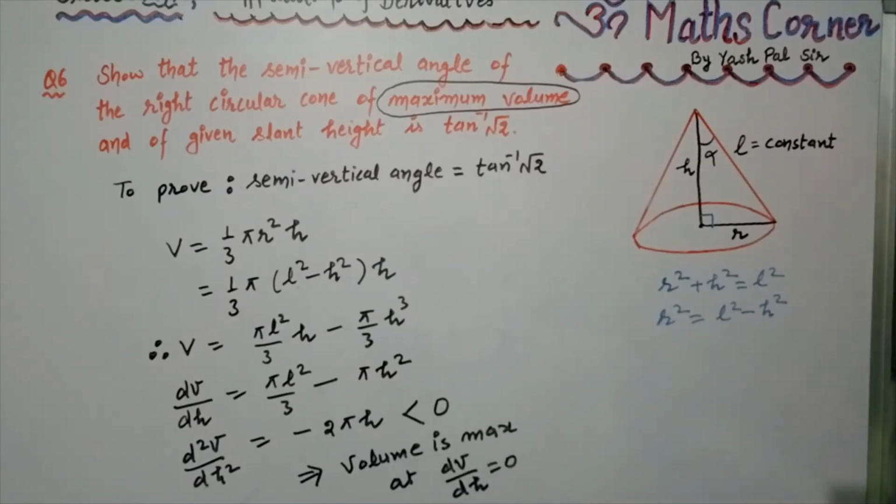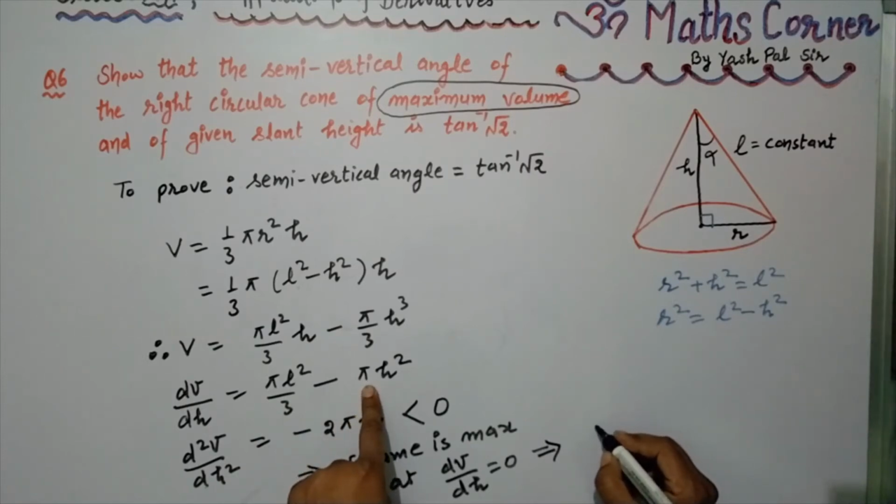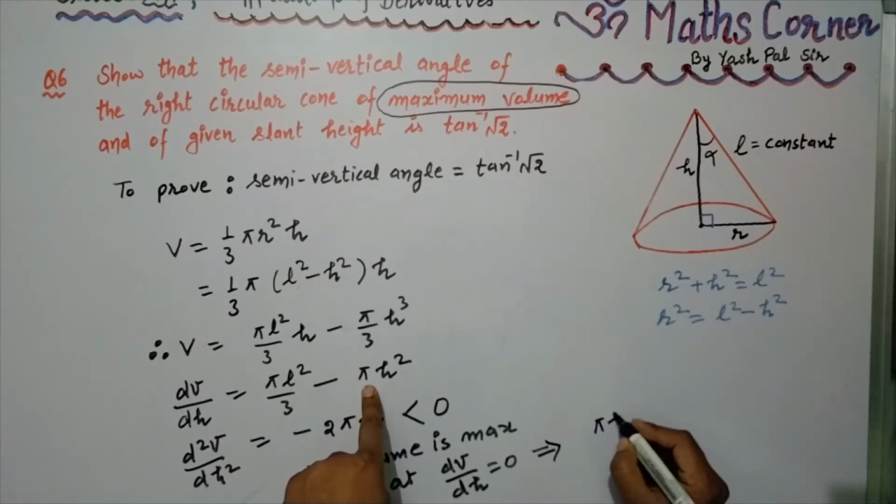This implies volume is maximum at dV upon dh equal to 0.